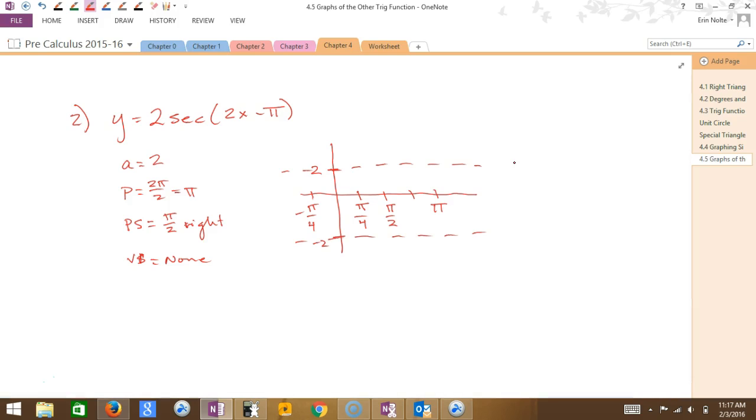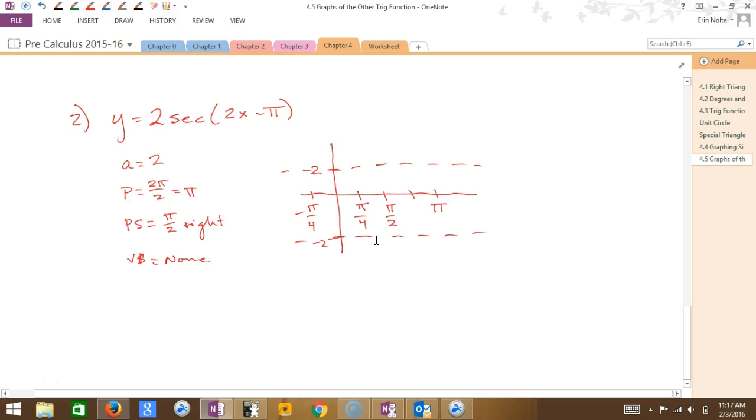Okay, so now the next thing I want to do is my vertical asymptotes. If I go back to my original secant function, just the secant of x, where is the first vertical asymptote? At pi over 2, so the first increment, right? Okay, so let me come up here and show you this. Normally a secant's first vertical asymptote would be at pi over 4, but we have a phase shift, right?